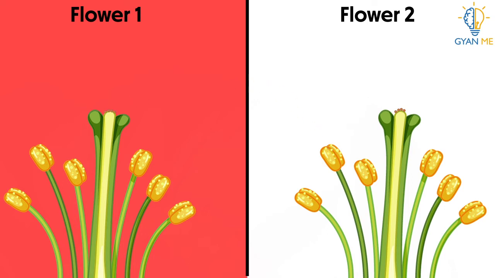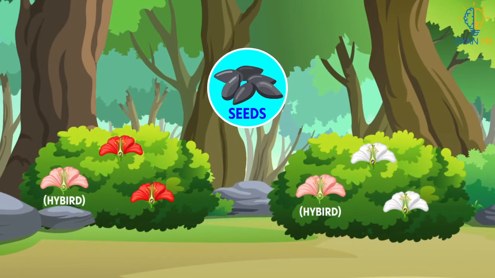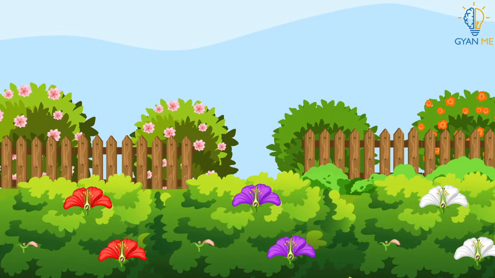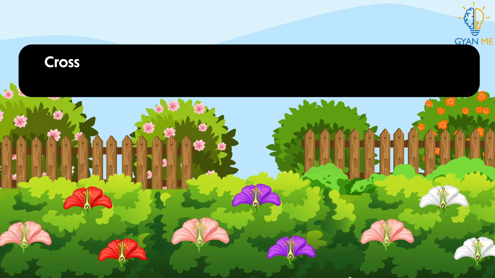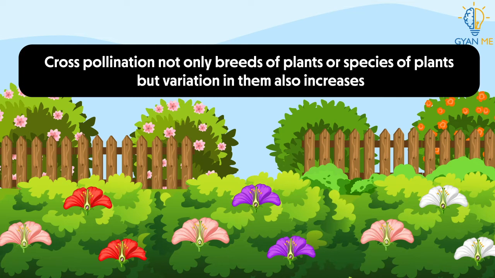And thus, new varieties of plants are formed through new combination of genes. The seeds so produced develop and germinate properly and grow into better plants. And thus, by cross-pollination, not only breeds of plants or species of plants, but variation in them also increases.